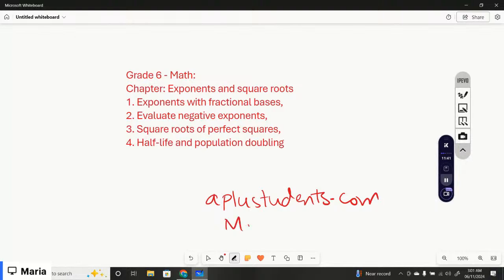Then you have to select math from the subject tab, scroll down to grade 6 math, and then click on view all lessons. There you can find a list of the chapters.